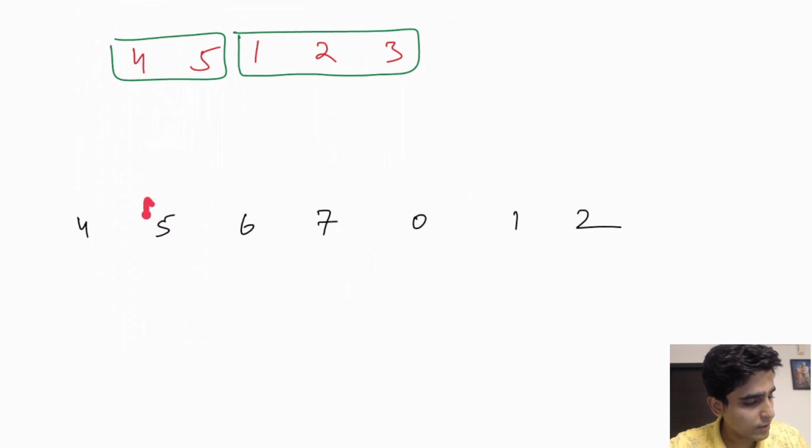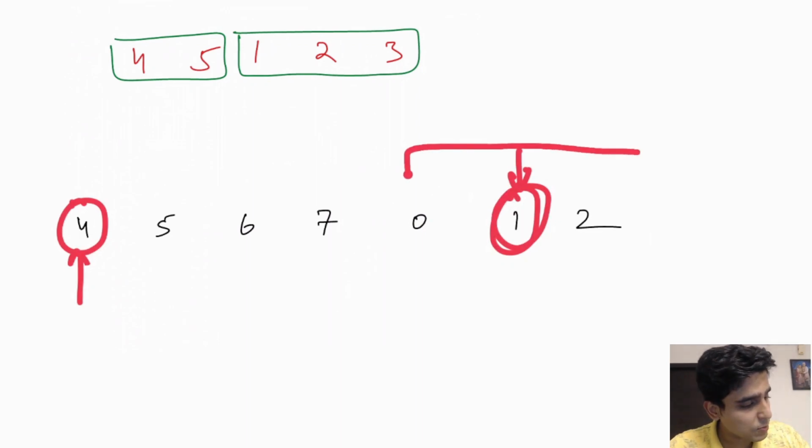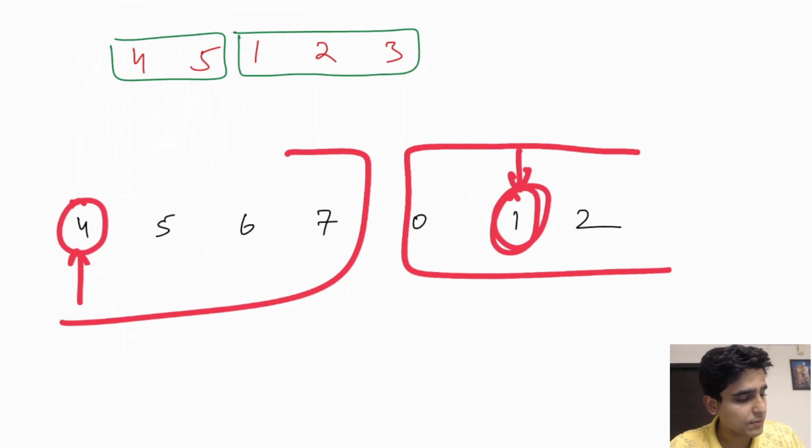If you take the mid of this, compare it with the first value. If the first value is larger than the mid value, then we can assume that the mid lies in the second part.